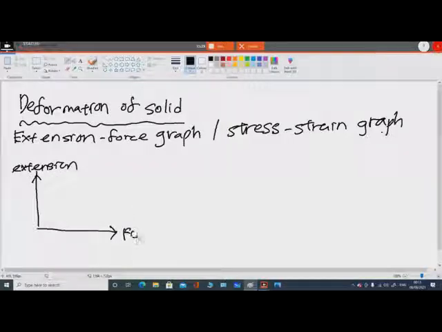Let's say we have an object which has the extension-force curve like this.